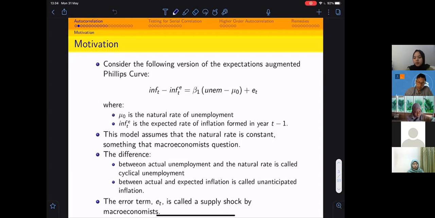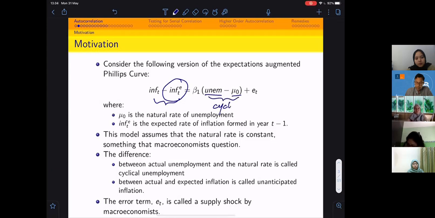So if you look here, the inflation is going to be adjusted by some expected inflation. The difference between the actual and the expected inflation is called the unanticipated inflation. And the difference between the actual unemployment and the natural rate of unemployment is called the cyclical unemployment.